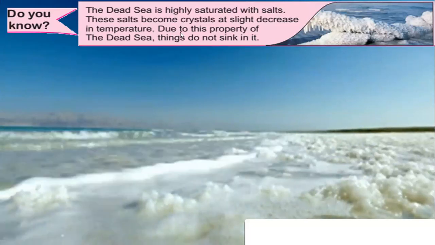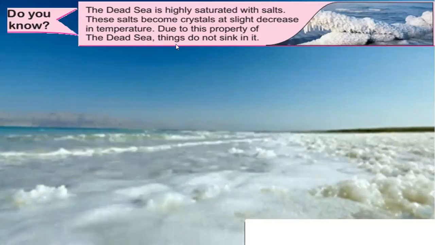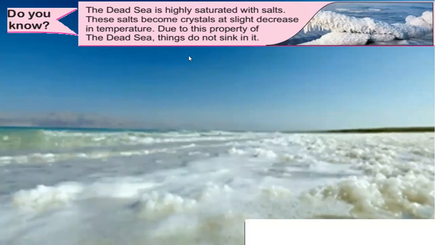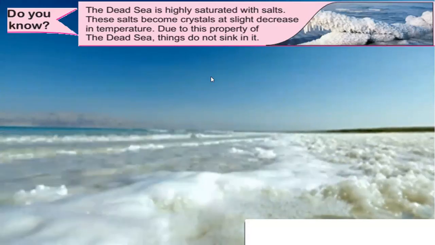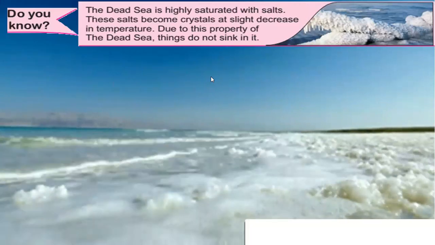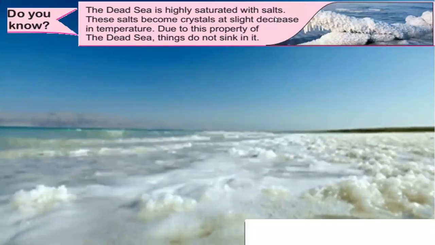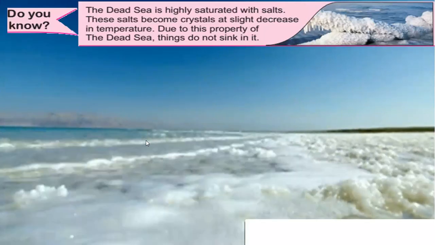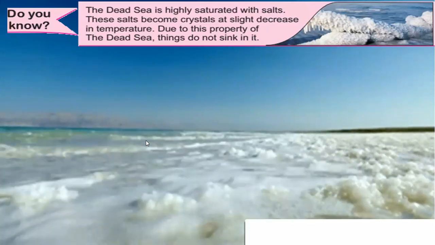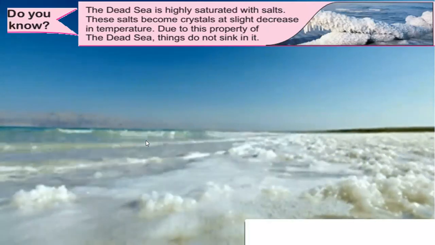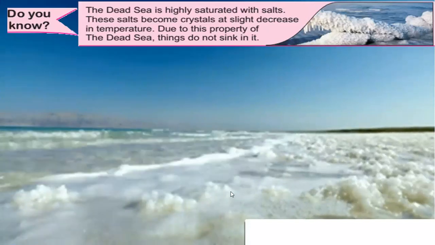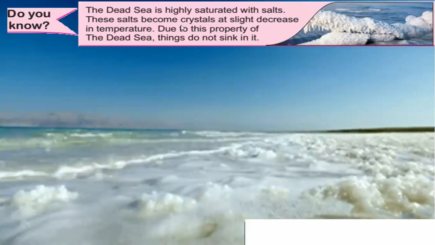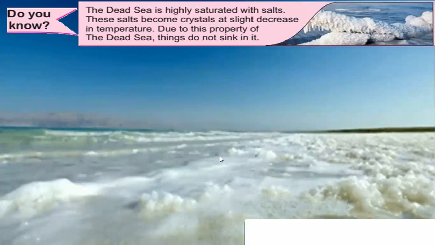Due to this property, things do not sink in the Dead Sea. Why? Because due to more saturation, more amount of solute particles or salts, this water becomes denser, saturated. And due to this saturation, the salt particles started to crystallize, settling at a side.